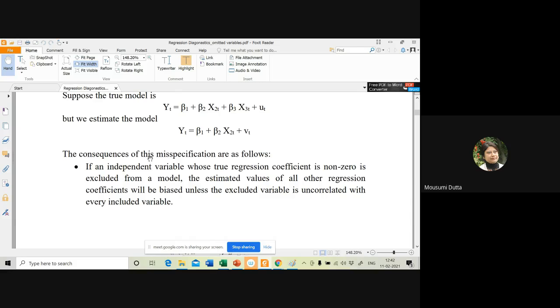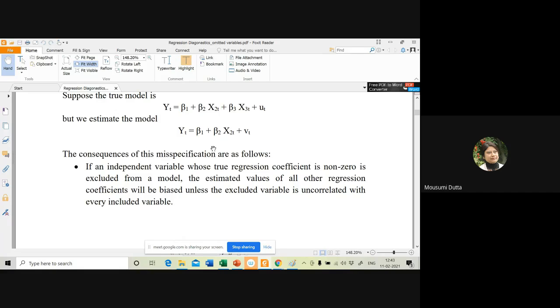So what I am saying is that if I drop x3t, a very important variable, from the regression because of some problem, in that case all the other estimated values will be biased. That is, beta 1 hat and beta 2 hat, these two estimators will be biased.